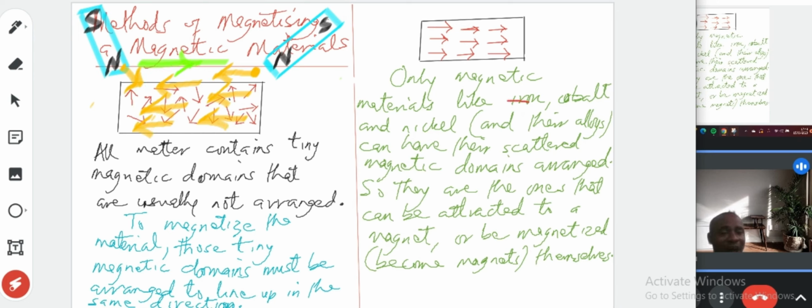That's why only iron, cobalt, and nickel can be attracted to a magnet, because their magnetic domains can be rearranged to align themselves in one particular direction. Is that clear? In fact, when they are arranged, like in this case, here becomes the North Pole and here becomes the South Pole.